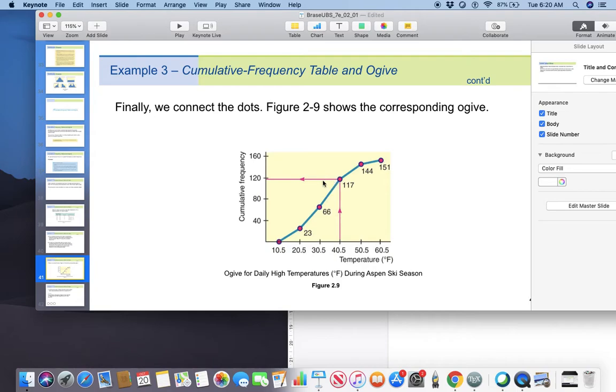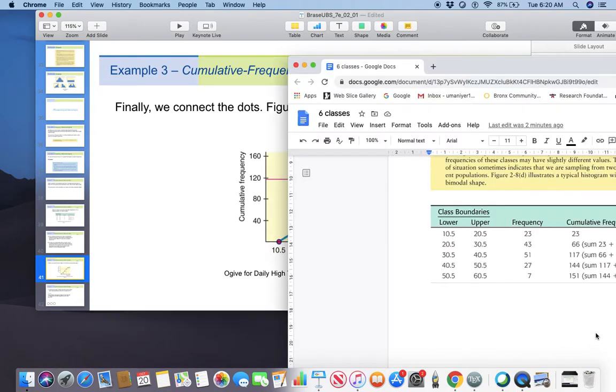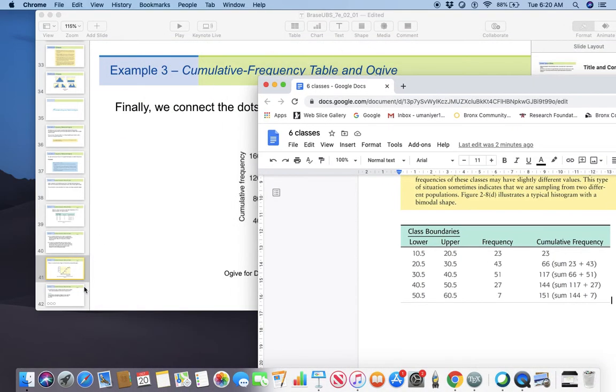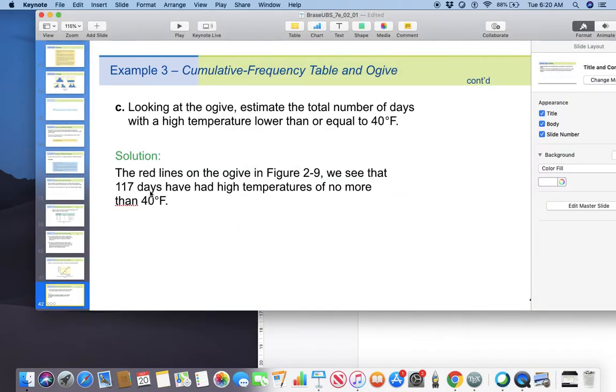So 117 days, that's the y coordinate, using cumulative frequency. 117 is the number you get. So that tells me 117 days have had high temperatures of no more than 40 degrees Fahrenheit.